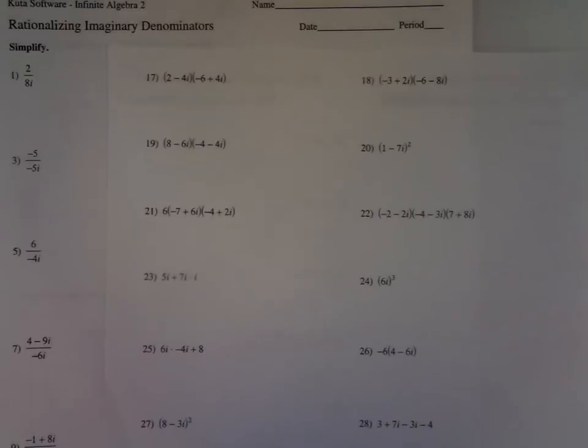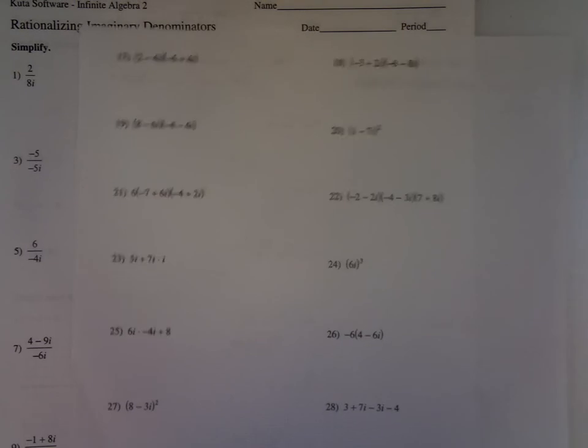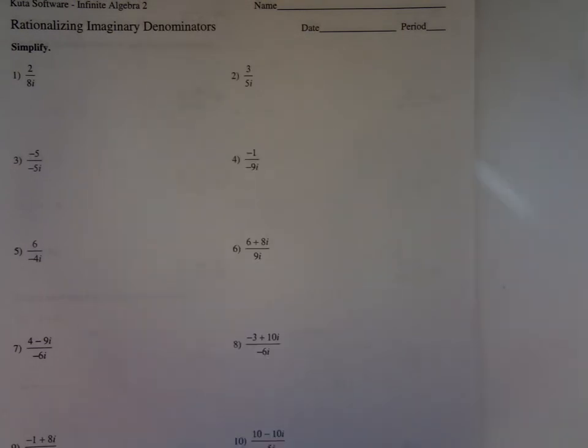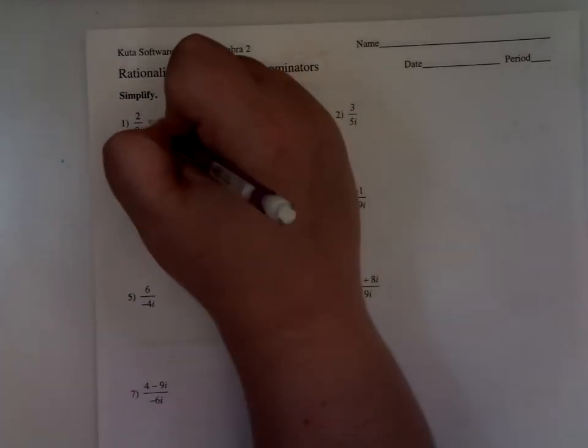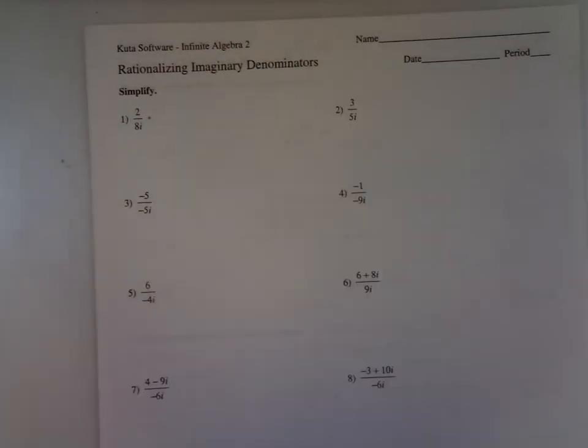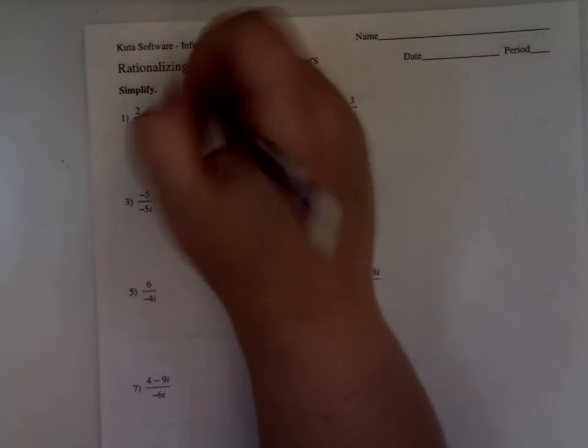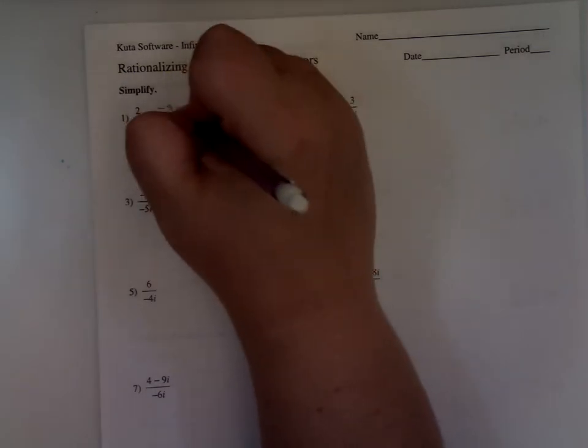Okay, so moving on. Rationalizing imaginary denominators on page 59. So here what we're going to do is multiply by the conjugate. In this case, if 8i is our imaginary number, -8i is its conjugate.